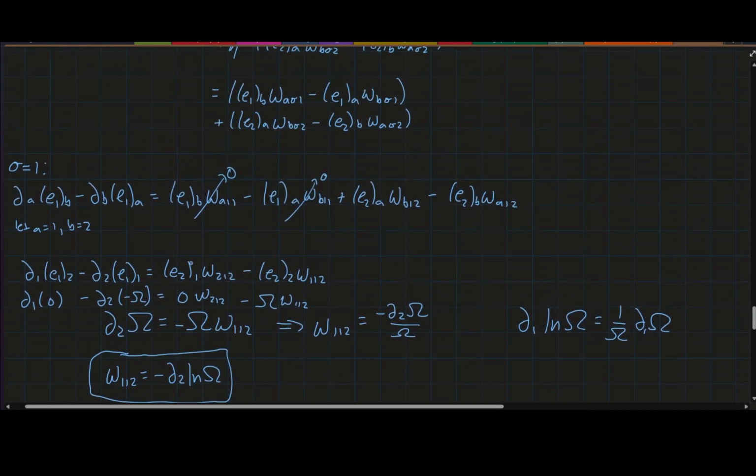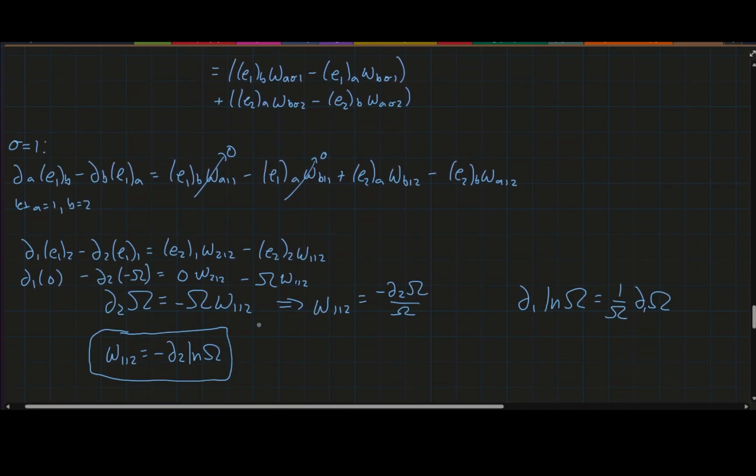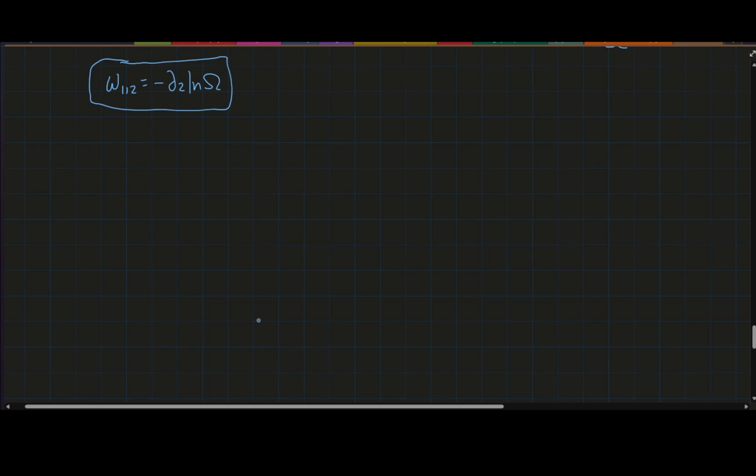Okay, so we can do the same thing, but for sigma equals 2 now, which means we'll be taking this equation and this left-hand side and this right-hand side and replacing the sigmas with 2. So easy enough, we can go ahead and do that.